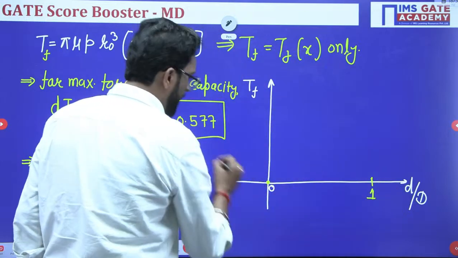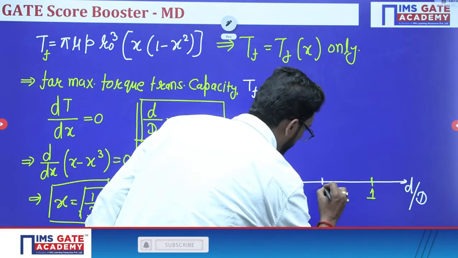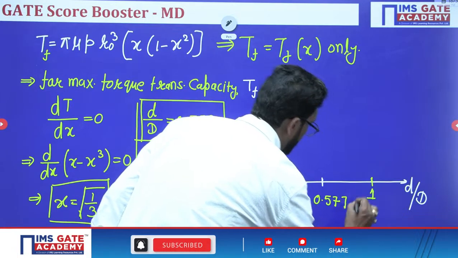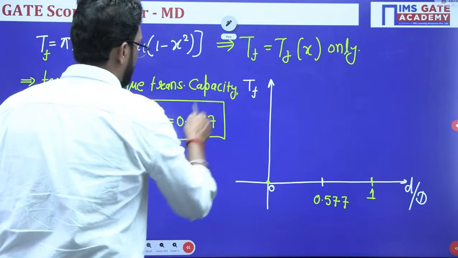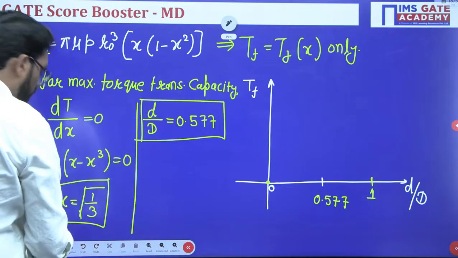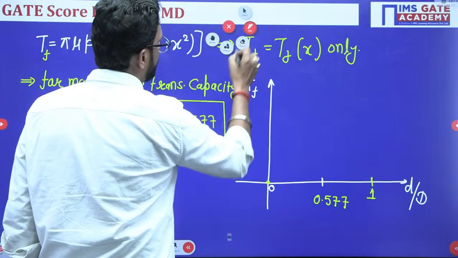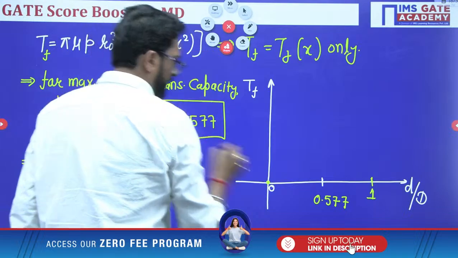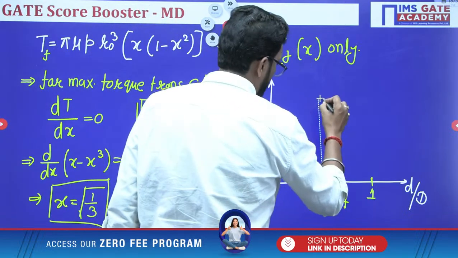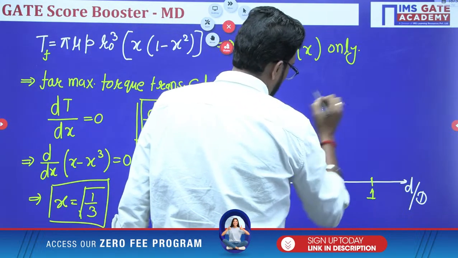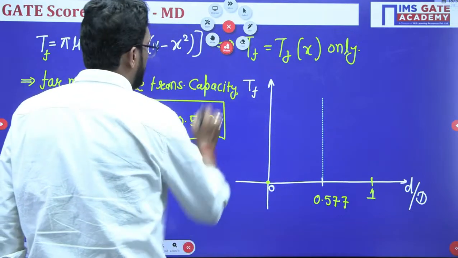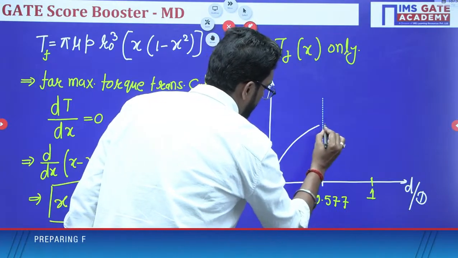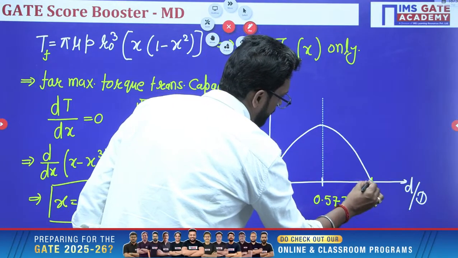Now, between them, at d by D approximately 0.577, the torque is maximum. This is the condition for the maximum torque. Initially it will increase, then it will decrease like that.